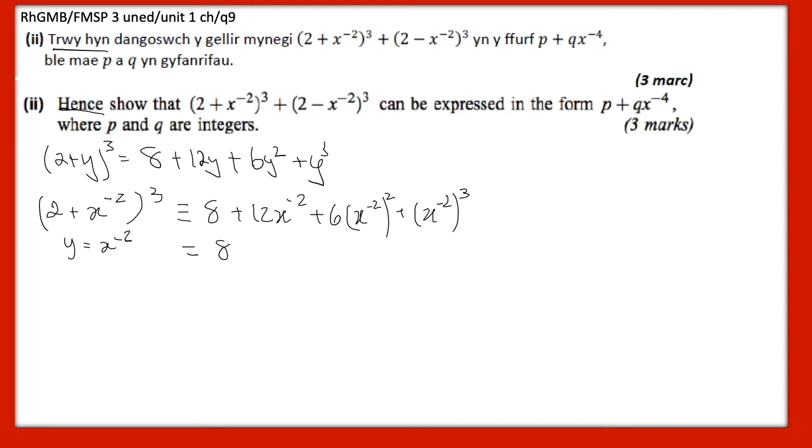Okay, 8 plus 12x to the minus 2 plus 6. x to the minus 2 times x to the minus 2 is x to the minus 4, and what some people do is just multiply the powers together, which you can do. x to the minus 4 plus x to the minus 6, because it's x to the minus 2 times x to the minus 2 times x to the minus 2, and you add the powers together.